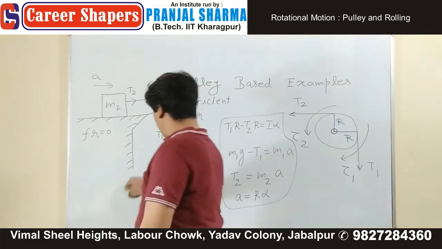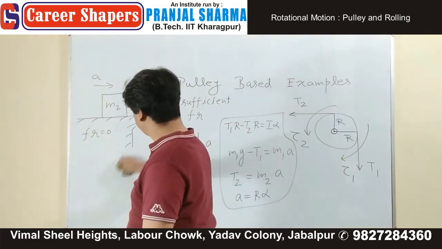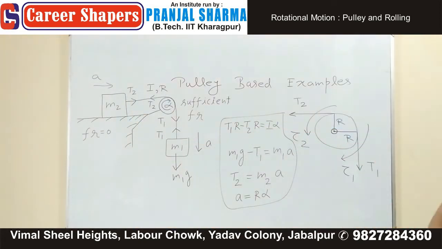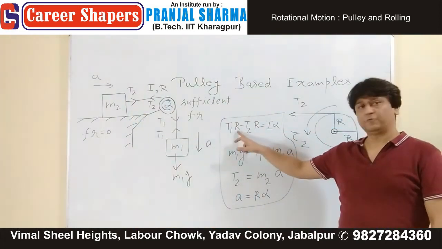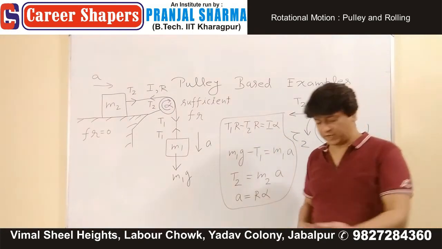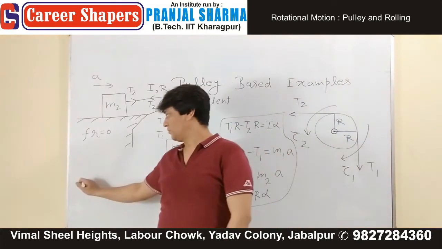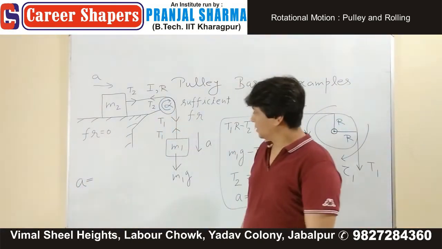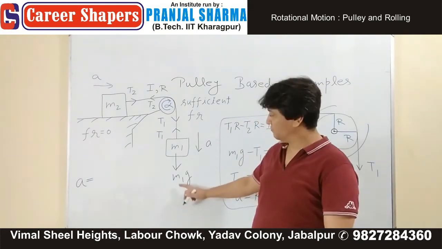Now, how do you find acceleration for these things in just one line? First of all, divide by R, replace alpha with A by R, add all these things. But for an objective examination, remember the trick. What is the pulling force? M1G.